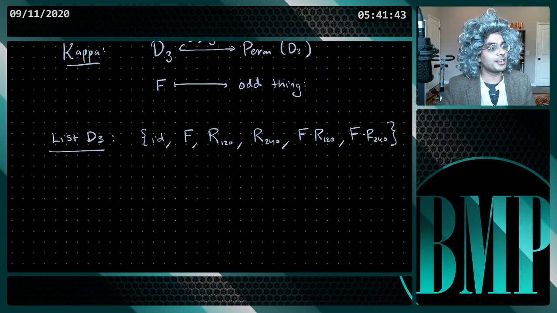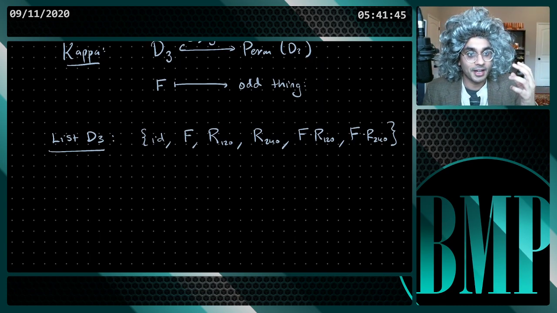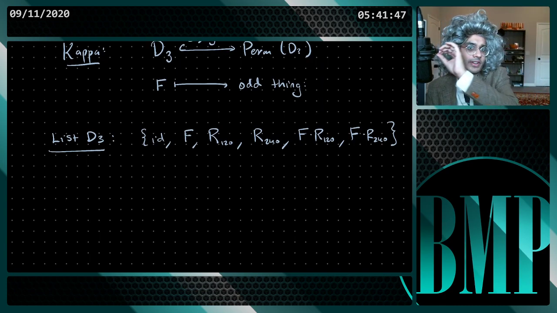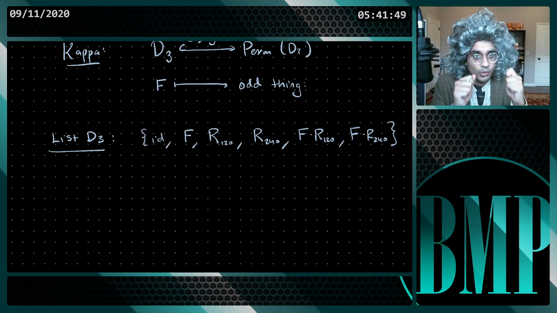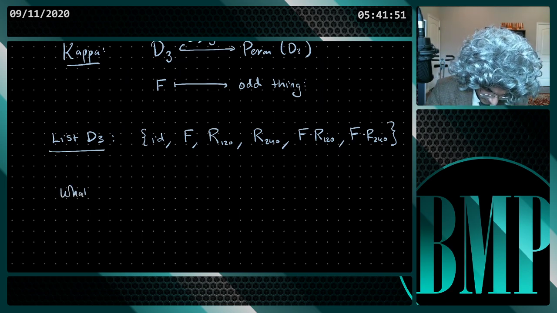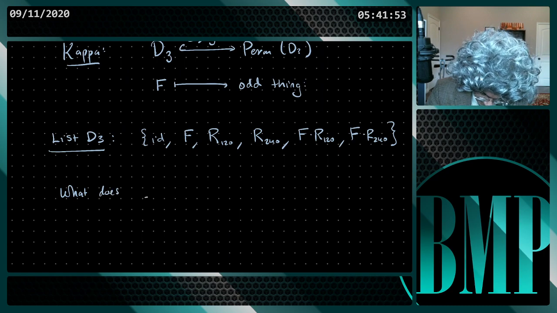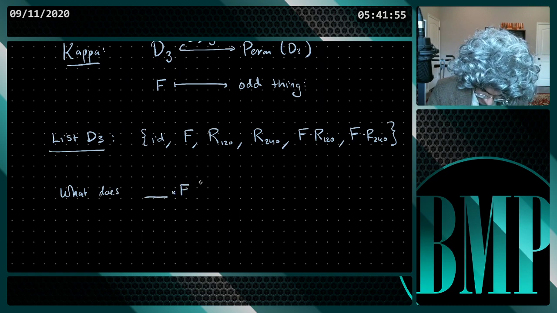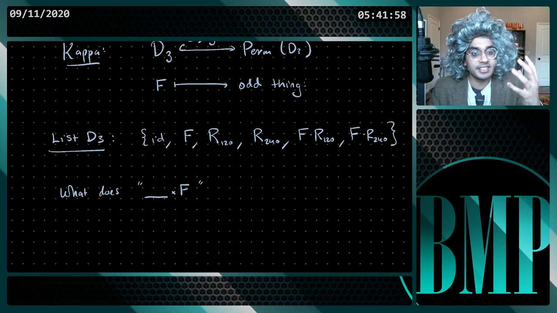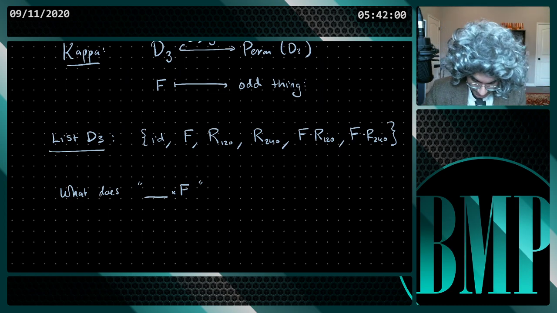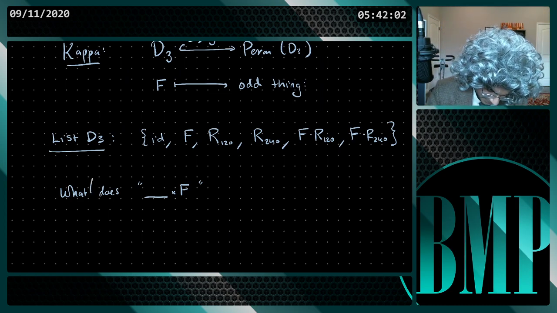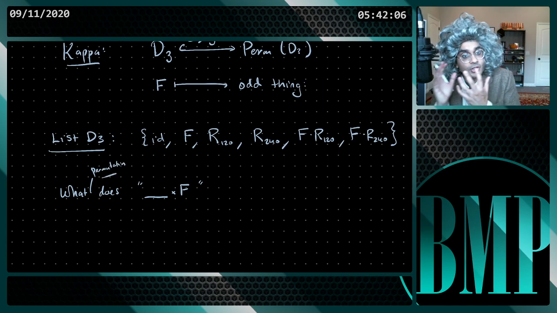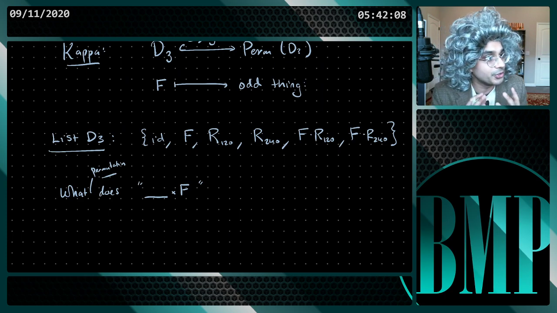Okay, so here are our elements. You just think of them as 1, 2, 3, 4, 5, 6. And now how does this shift these elements around? What permutation does translation by F do?